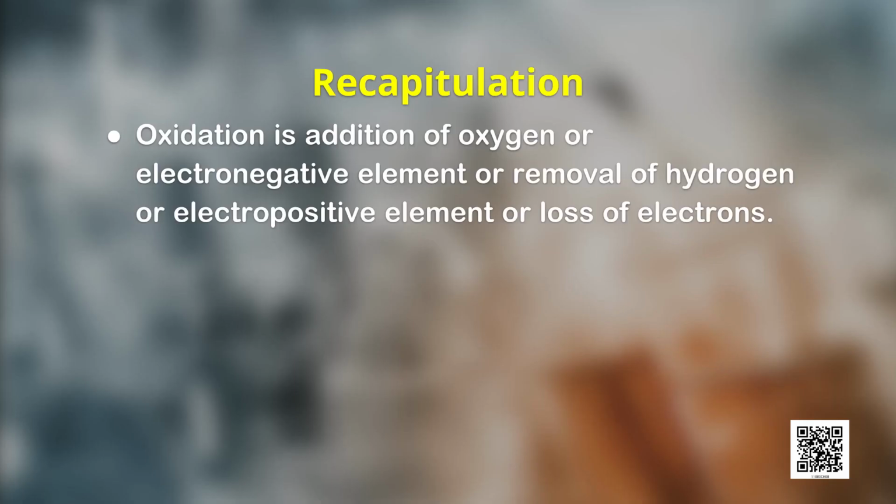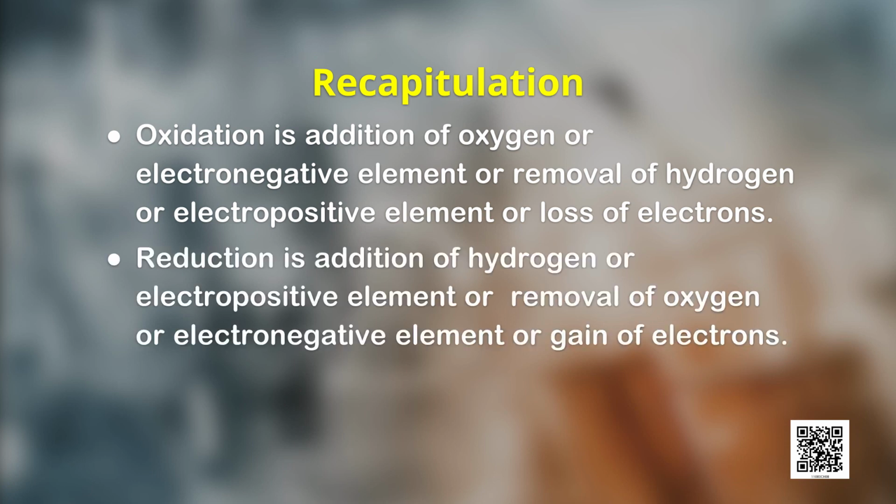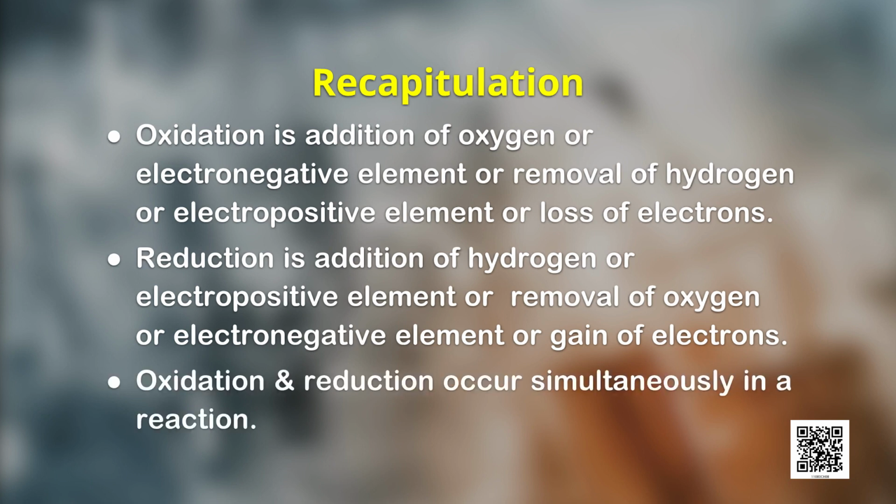Thus, from the discussion till now, we conclude that oxidation is addition of oxygen or electronegative element, or removal of hydrogen or electropositive element, or loss of electrons. Reduction is addition of hydrogen or electropositive element, or removal of oxygen or electronegative element, or gain of electrons.